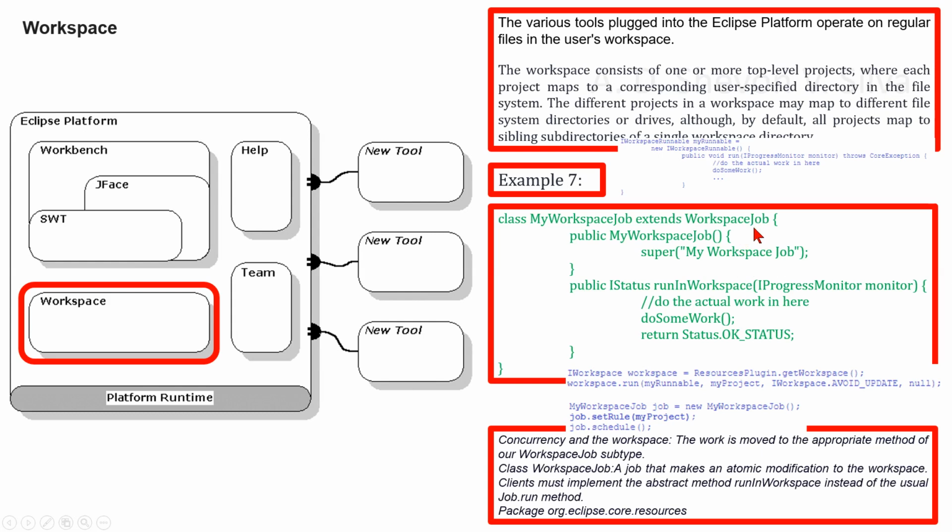A job is a basic unit of asynchronous work running concurrently with other jobs. The resources plugin defines WorkspaceJob as a convenient mechanism for defining asynchronous resource modifications.